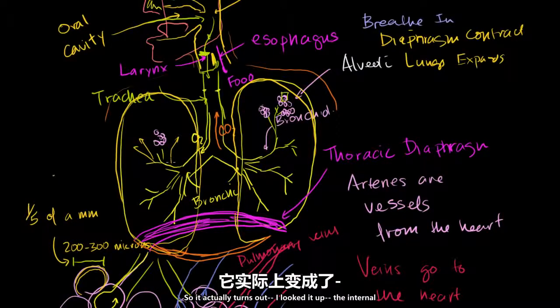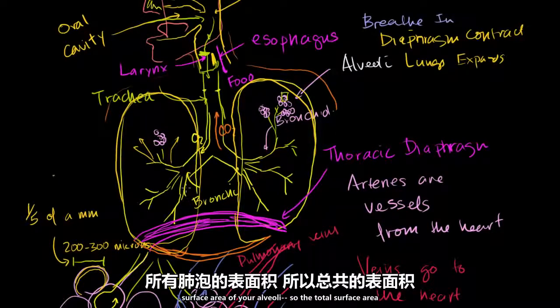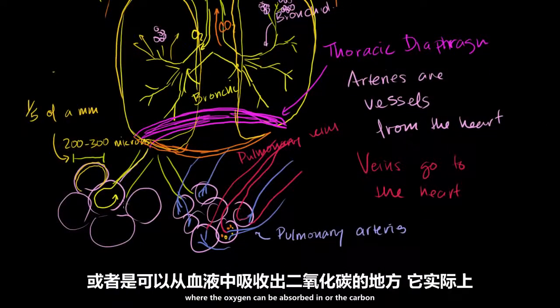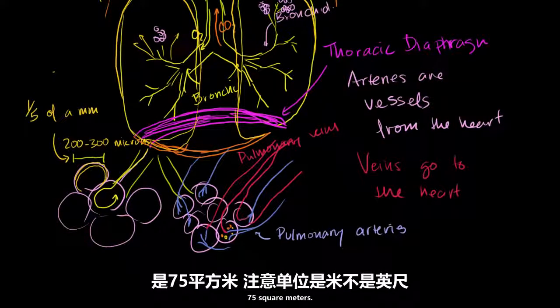So it turns out, I looked it up. The internal surface area of your alveoli, the total surface area where the oxygen can be absorbed in or the carbon dioxide can be absorbed out from the blood, is actually 75 square meters. 75, that's meters, not feet.